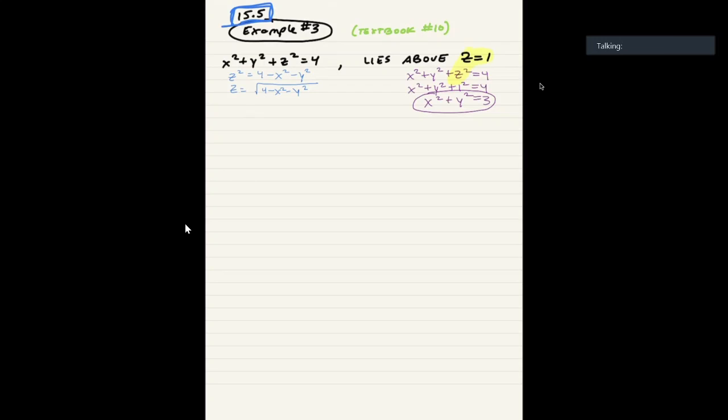So under the radical, 1 plus partial of z with respect to x, partial of z with respect to y.